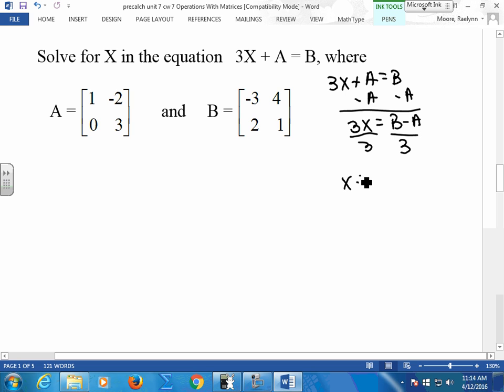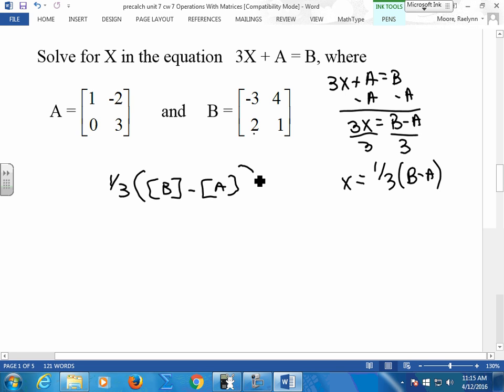Dividing by 3 is the same as taking 1/3 of B minus A. So you can put A in your calculator, put B in your calculator, and then just say 1/3 times (B minus A). And this will work for you.